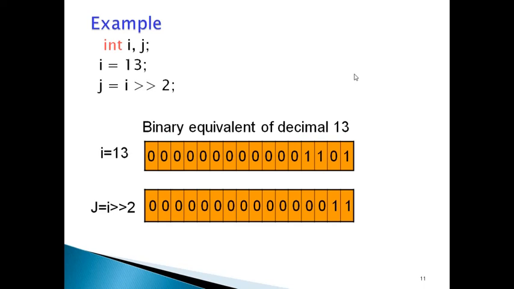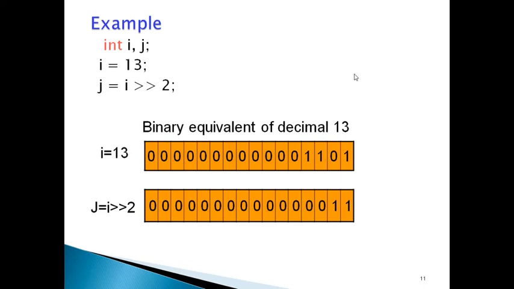Now in this case, we are using the right shift operator, so the bits are moved to the right side and we fill the empty cells with zeros.